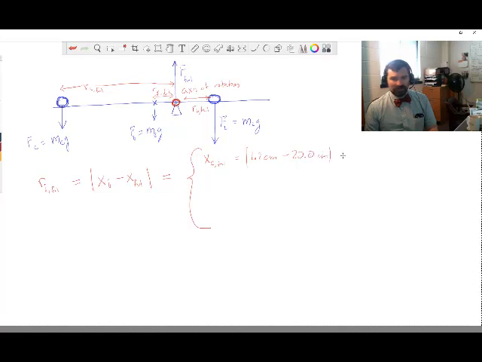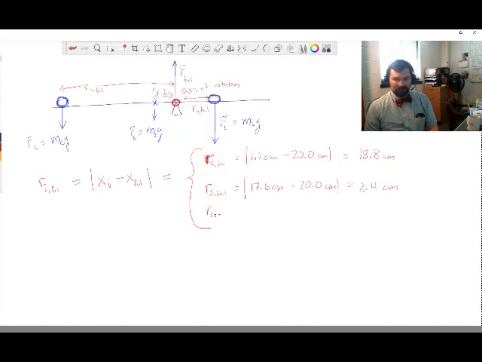Again, taking an absolute value, that gives us 18.8 centimeters. All right, and our, oops, this is r, not x. Our r sub s, this was at 17.6 centimeters and 20 centimeters. So this is 2.4 centimeters.